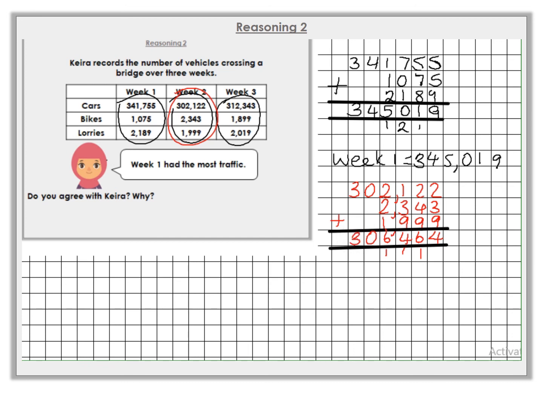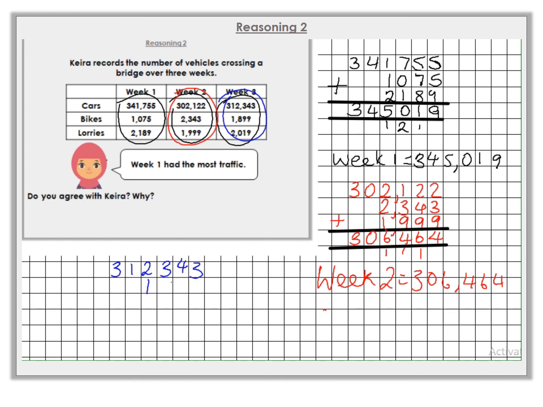So week 2 is 306,464. So far, we can see that Kira is correct. But the last one now. So week 3, 312,343.